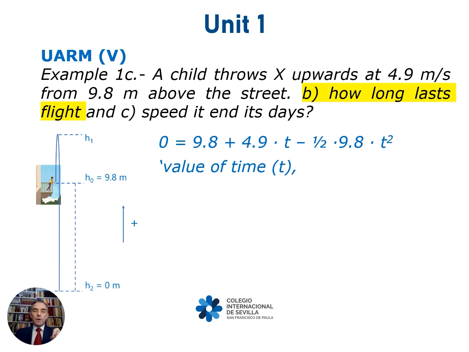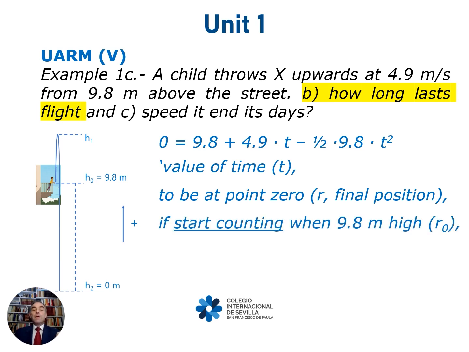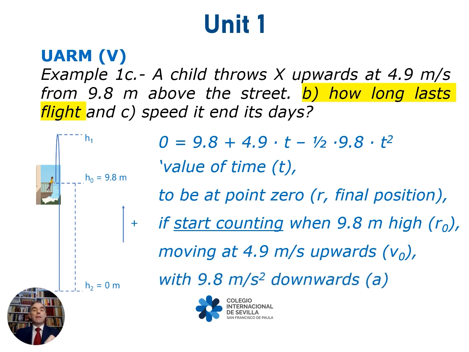What is the value of time that it takes the bird to be at point 0, final position, which is the street, origin of coordinates, if we start counting when the bird is 9.8 meters high, that's the initial position, and at that instant it is moving at 4.9 meters per second upwards, which is the initial speed, with a 9.8 meters per second squared acceleration downwards with a constant value.